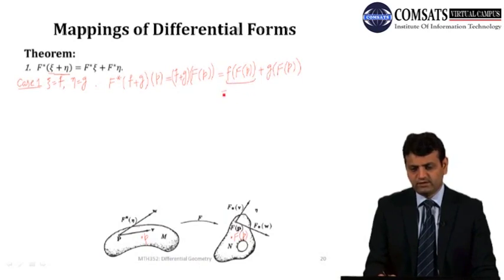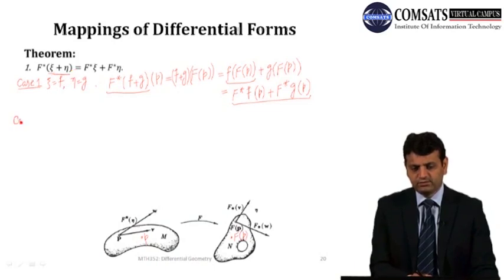So this is basically F upper star of f at point p, and this expression is basically F upper star of g at point p. So if this is true for each and every point, then this is true in general. So this is how we prove if both xi and eta are zero forms.